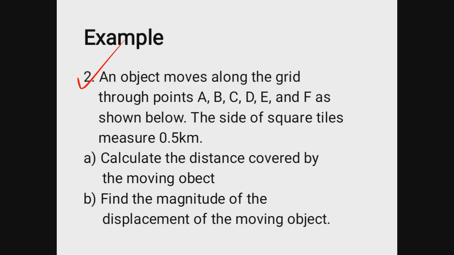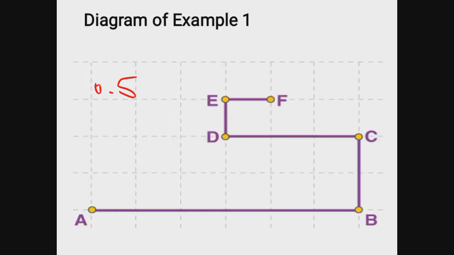Now, what did the question want us to do? The question first wants us to calculate the distance covered by the moving object, and secondly, to find the magnitude of the displacement. Now, let's use the second slide.